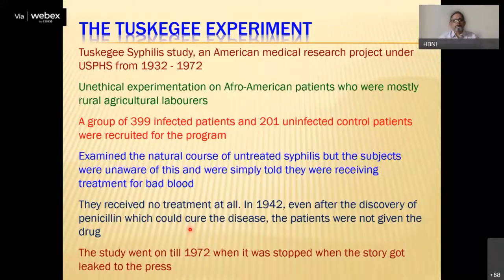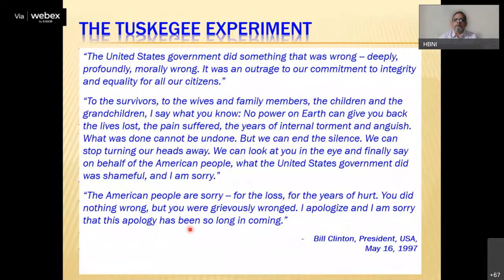And even after it was stopped in 1972, nobody came forward to even apologize to these people. Only 25 years later, when Bill Clinton became the President of the United States, in 1997, the government of the United States issued a formal apology.